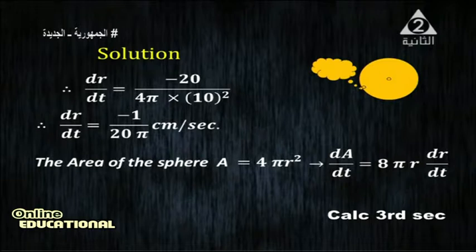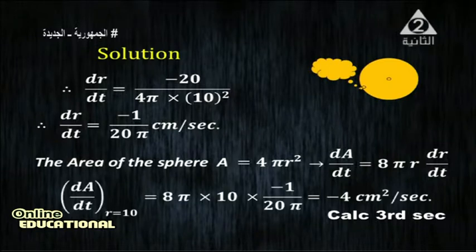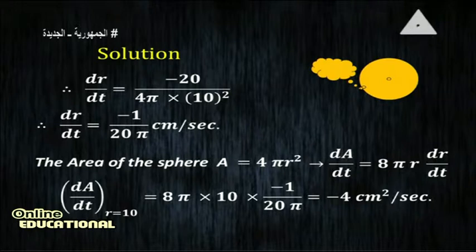The derivative of r^2 with respect to time t equals 2r dr/dt. Then dA/dt equals 8π r dr/dt. Now dA/dt at r equals 10 centimeters equals 8π times 10 times the rate of change of r with respect to time t, which is negative 1/(20π). Then dA/dt at r equals 10 equals negative 4 centimeter squared per second.